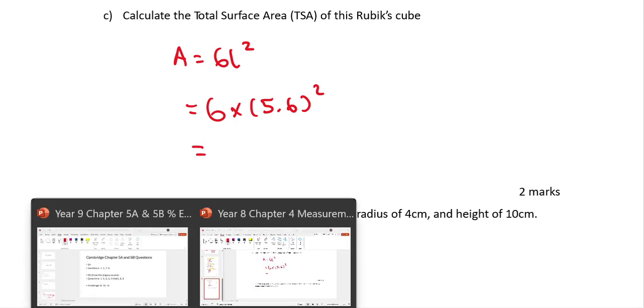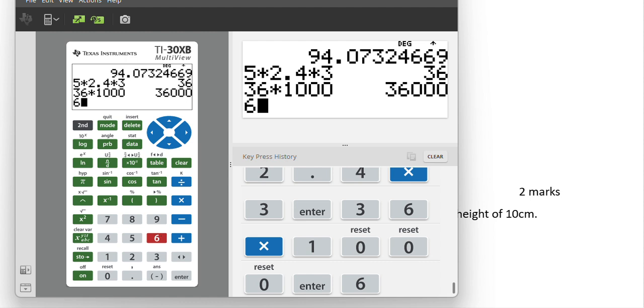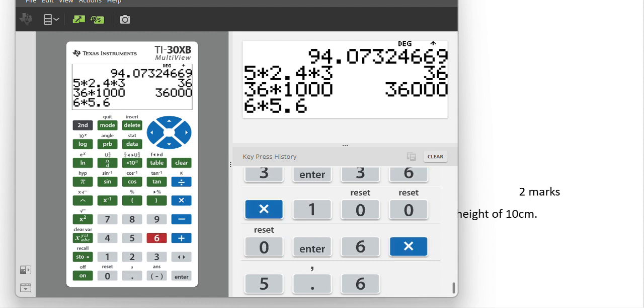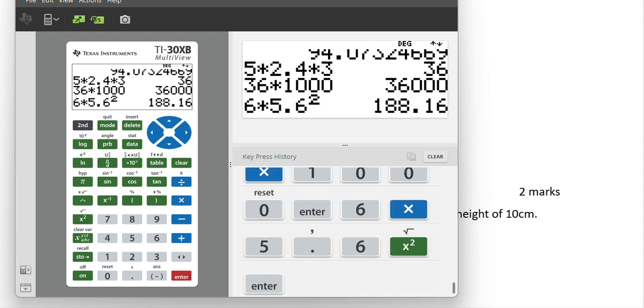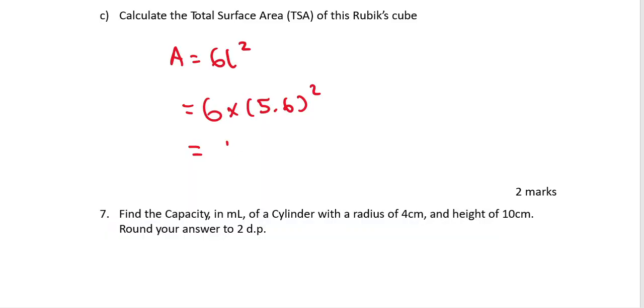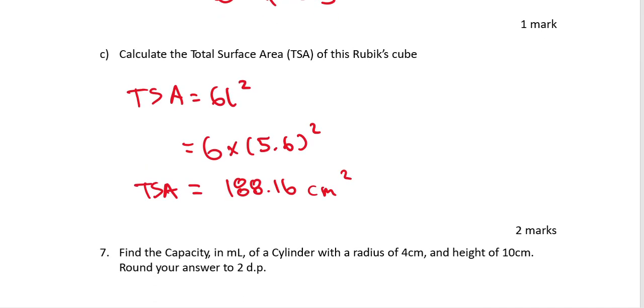And if we type that in our calculator, it gives me 188.16 centimeters squared. So that means the total surface area of a Rubik's Cube is 188.16 centimeters squared. One mark for the formula, and then obviously if you get the right answer, yeah.